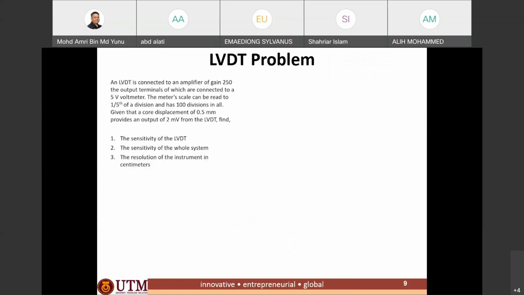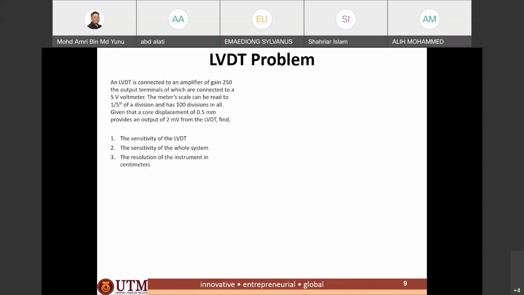Right? So let's look at this problem on LVDT. In this problem, an LVDT is connected to an amplifier with a gain of 250. The output terminals of which are connected to a 5-volt voltmeter. Okay. So the voltmeter scale can be read to 1/5 of a division and has 100 divisions in all.